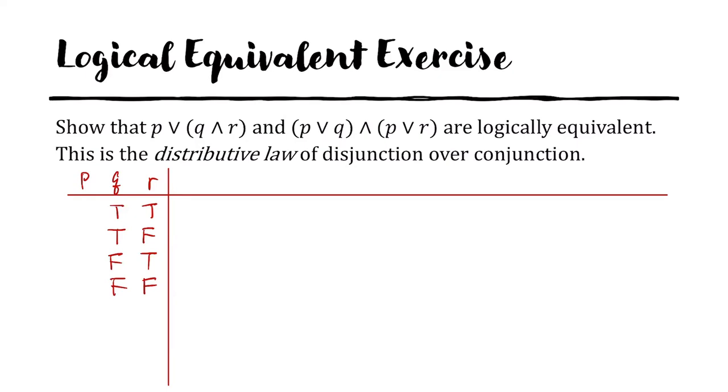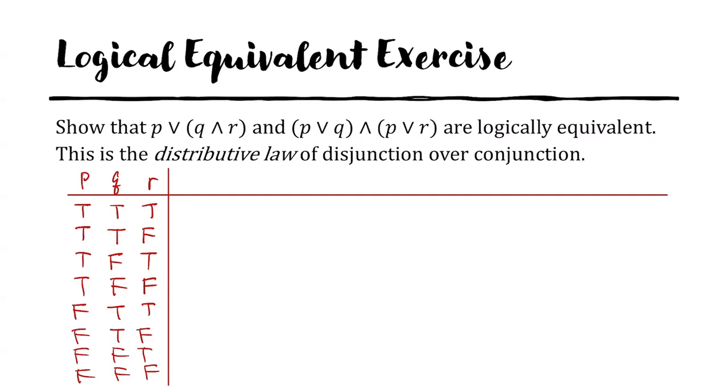Now, if I have one extra variable, it could be either true for all the 4 possible combinations, or it could be false. So there are 8 possible combinations out there.